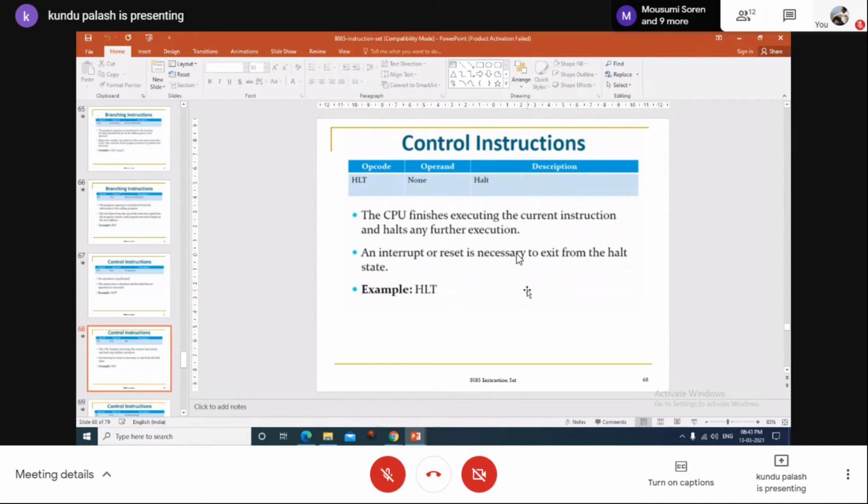Before that, the instructions can also be classified according to the nature of the addressing mode. What is meant by the addressing mode of the instruction? To perform any operation, we have to give the corresponding instruction to the microprocessor.